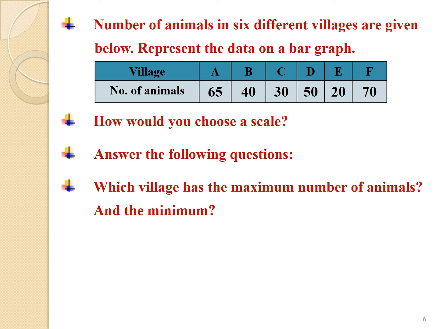Students, let us solve question number 3. Solution 3. Let us first draw the horizontal line, that is x-axis, vertical line, that is y-axis. Write the determined scale. 1 unit equals to 10 animals.